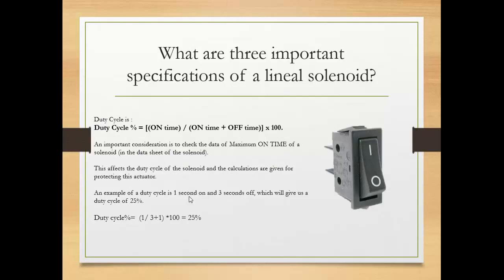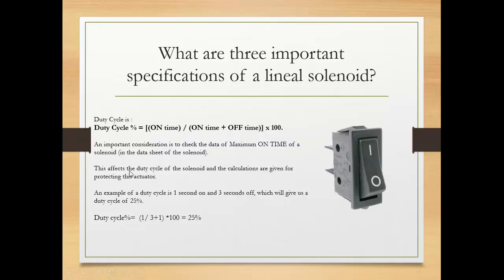Also, an important spec for choosing a solenoid is the duty cycle. As we saw, the duty cycle is the comparison between the on time and all the time of the cycle. An important consideration is to check the data of the solenoid, which is included in the datasheet, for protecting the actuator.